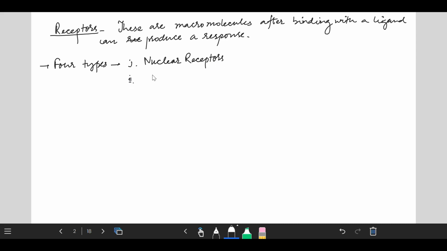Second one is enzyme linked receptors, and the third one, an important thing, is G protein coupled receptor.